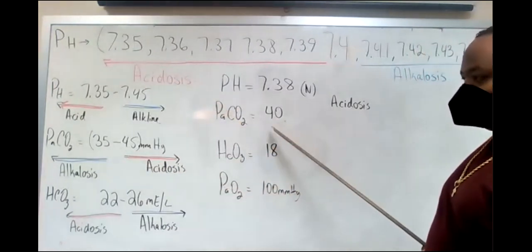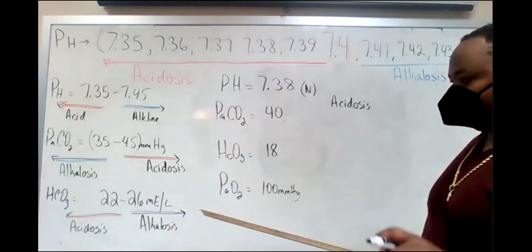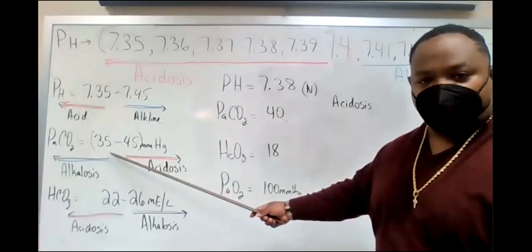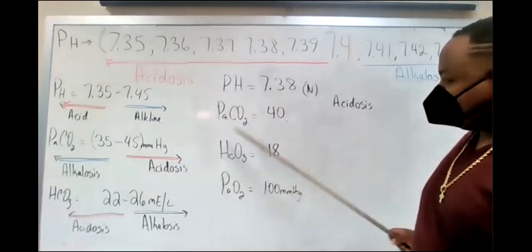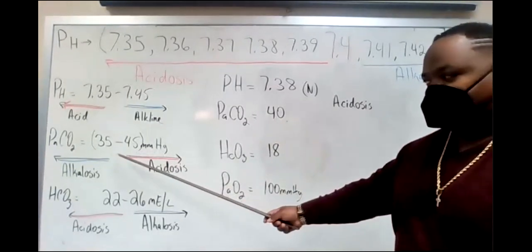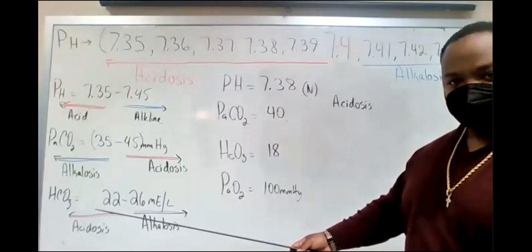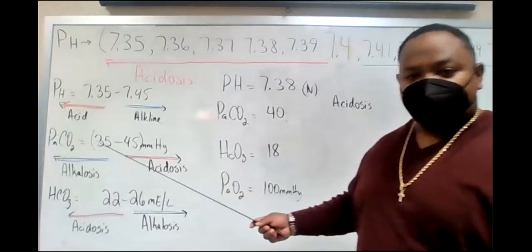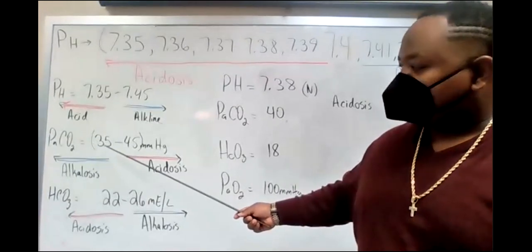So 40 is the number. 35 to 45 is your normal range for CO2. It's 40, so it's right in the middle. So it's normal. It's just normal.